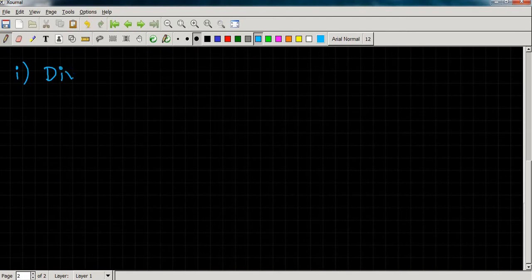Let's evaluate divergence of curl of vector point function f bar. That is, divergence is denoted by del dot, curl is represented by del cross vector point function f bar.